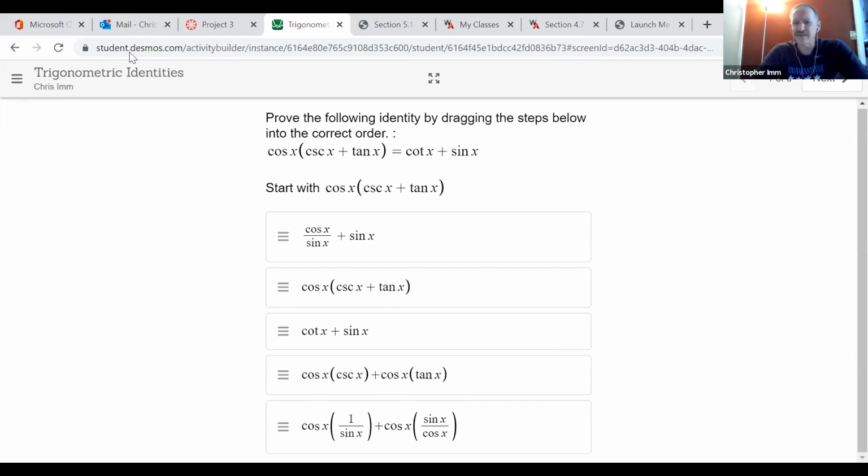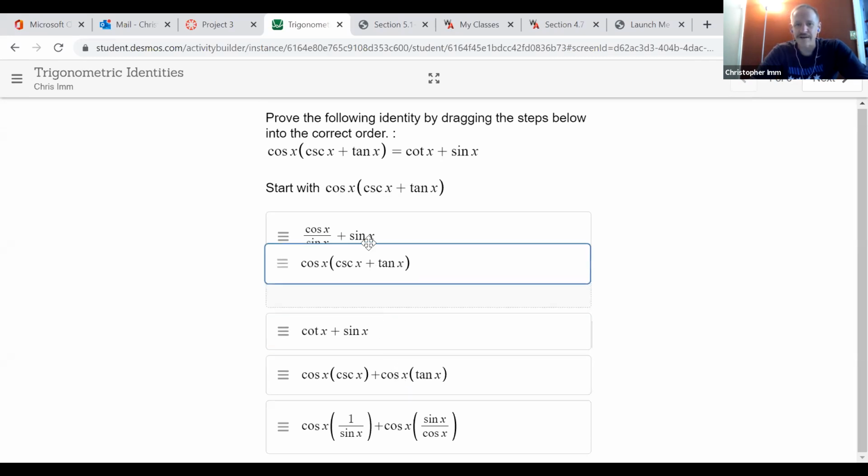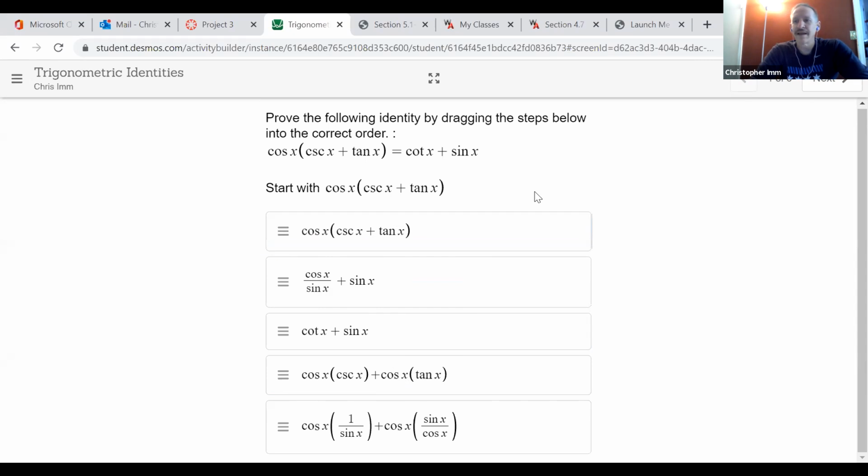So let's look at this one together. Can you all see my Desmos project there? Okay, great. It tells us we're going to prove this identity, and it says, hey, start with cosine x times cosecant x plus tangent x. So I'm going to find that, and I'm going to drag it to the top. If I'm trying to keep my eyes on the prize, I want cotangent x plus sine of x.